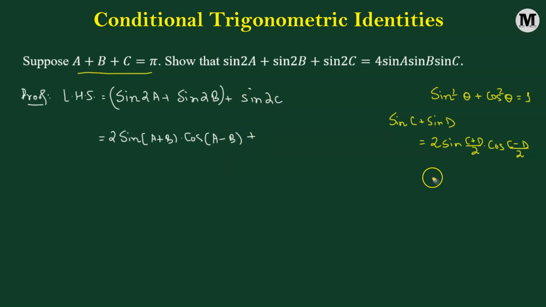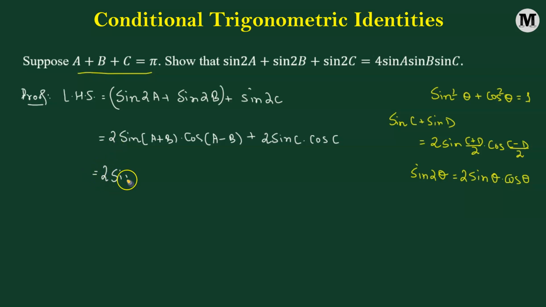There is also a standard formula for sine of 2 theta, which is 2 times sine theta times cosine theta. So we can expand sine 2C as 2 times sine of angle C times cosine of angle C. Next, we're going to use the condition A plus B plus C equals pi. So let's do the changes.